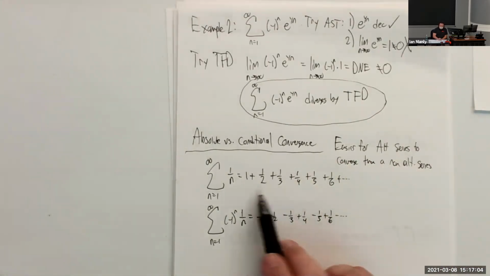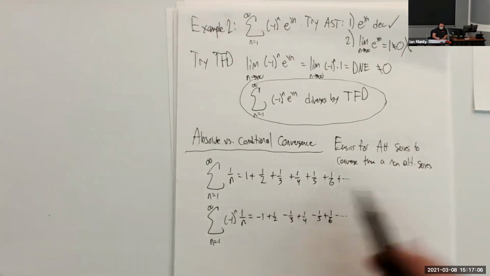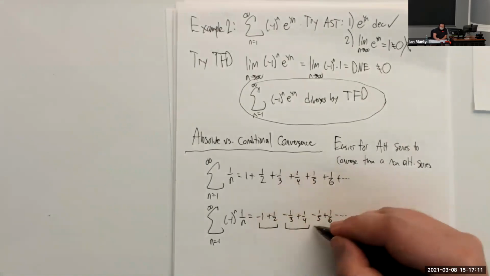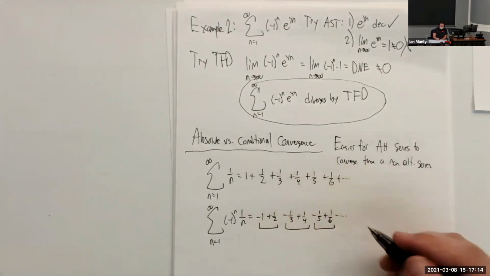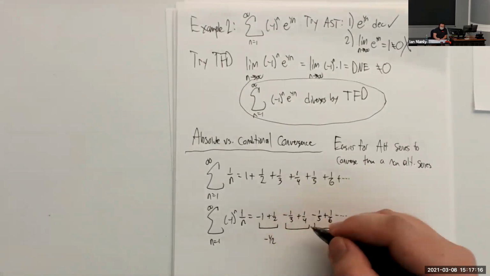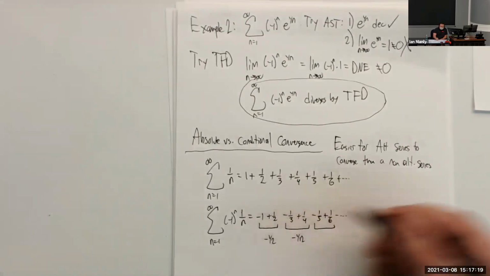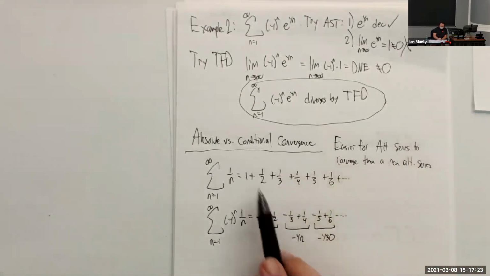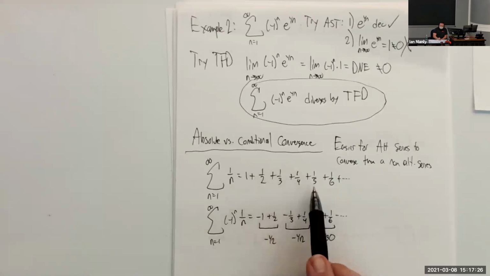Okay, now let's see here. We're adding up all of this stuff, right? But here, if you look at these in positive and negative pairs, they partially cancel out with one another. So rather than accumulating 1 plus 1/2 plus 1/3 plus 1/4 plus 1/5 plus 1/6 and all of that stuff, after 6 terms we've only accumulated 1/2, 1/12, and 1/30, which is going to be way less in magnitude than this up here.